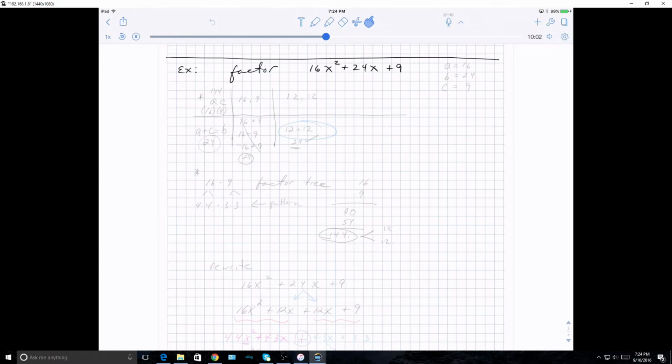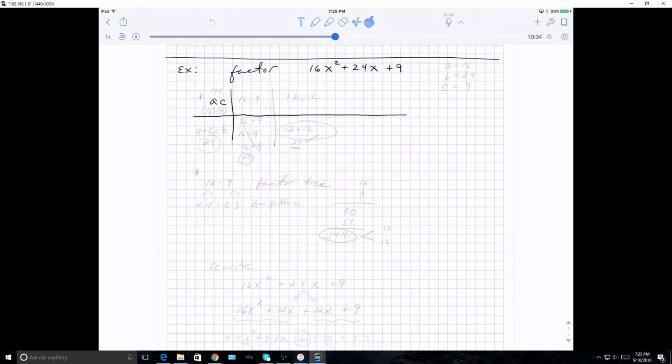Well, first of all, we're looking for any common factors. There's really no great common factors here that we can look at. So let's just go right for the meat and potatoes here. What we need to do is find the product AC, and then we are going to have to find all the factors of it.